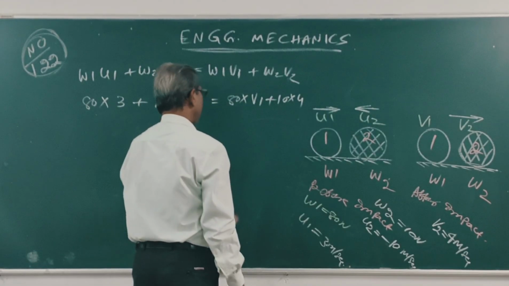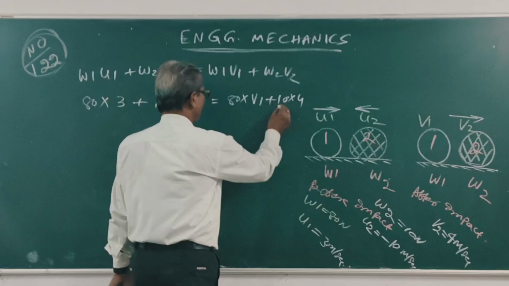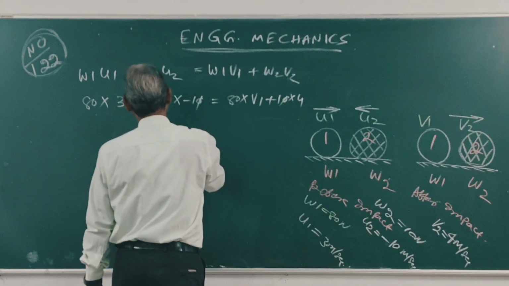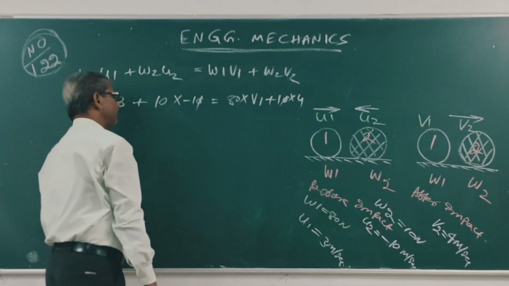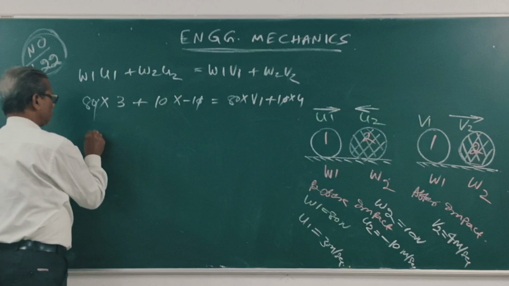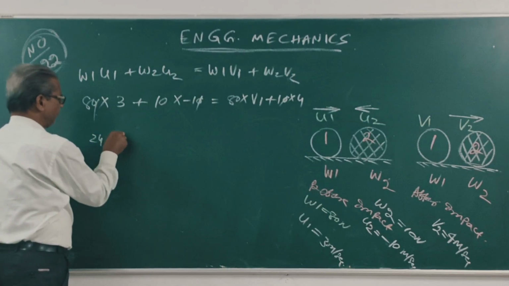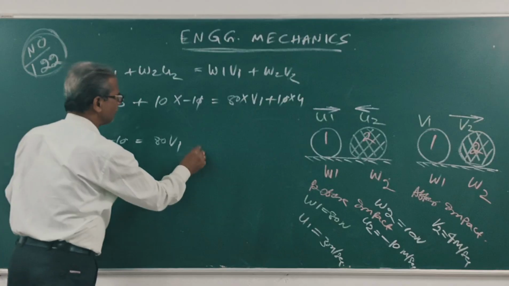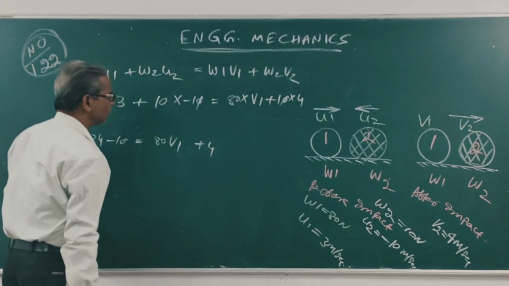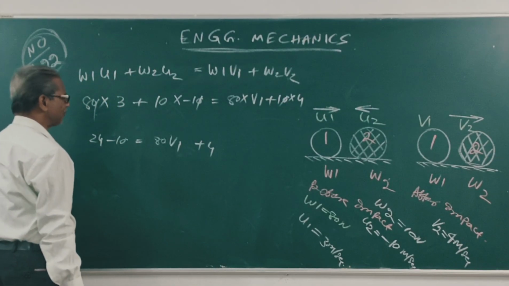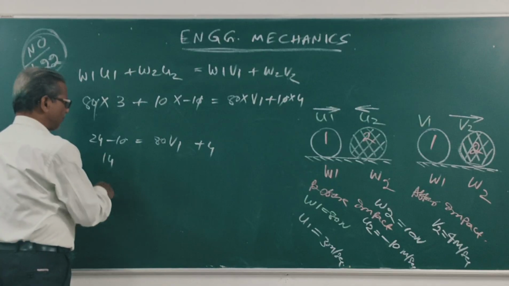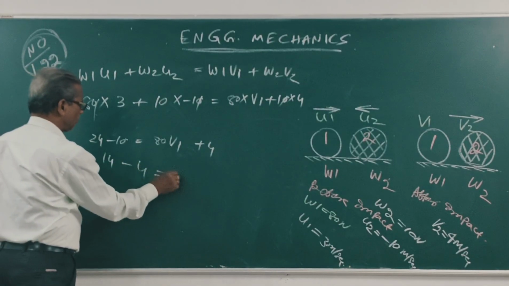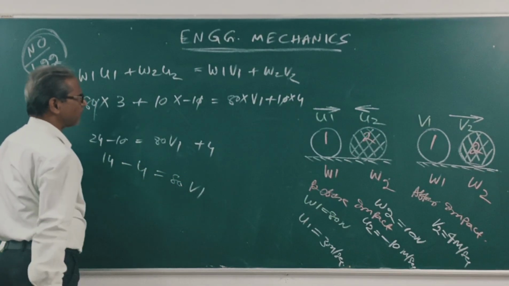Clear? Now all zeros cancel out. So 24 minus 10 is equal to 80 V1 plus 4. So 14 minus 4 is equal to 8 V1.